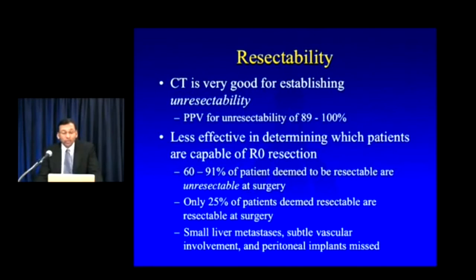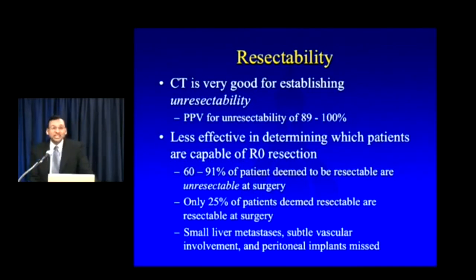The problem is that what you're really trying to figure out is whether or not that patient is resectable. So you're trying to figure out and tell the surgeon, is that patient ultimately capable of undergoing an R0 resection? So in other words, a resection with negative surgical margins. The problem is that we still struggle with this, even with the latest generation of CT scanners.